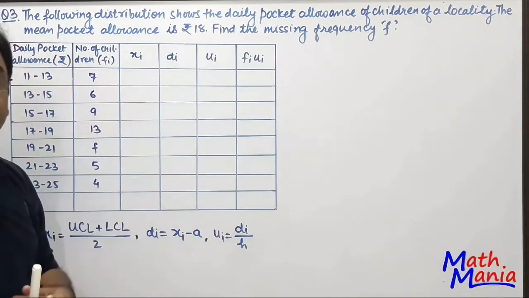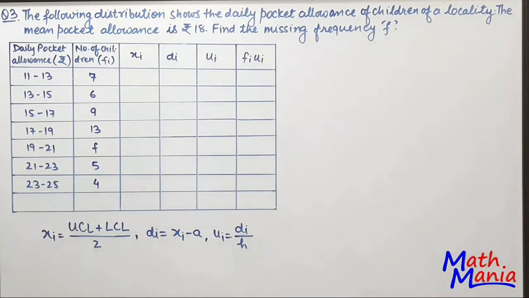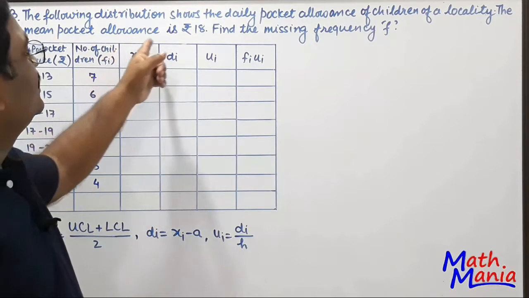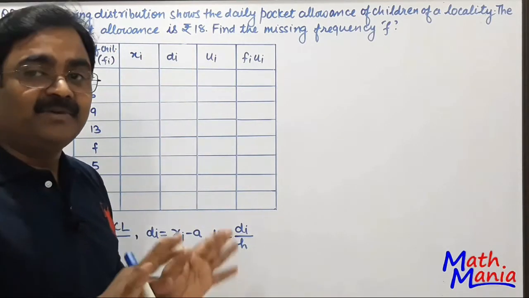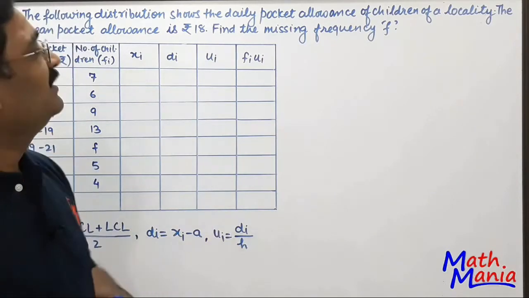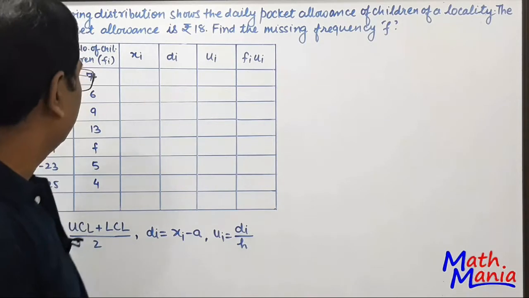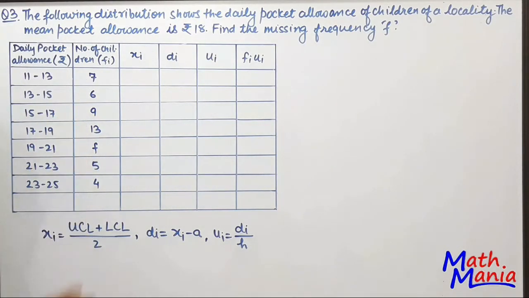The mean allowance is rupees 18. Here the mean is already given, we are not going to find out the mean. The question is asking to find the missing frequency f. This frequency is missing, and we have to find its value.